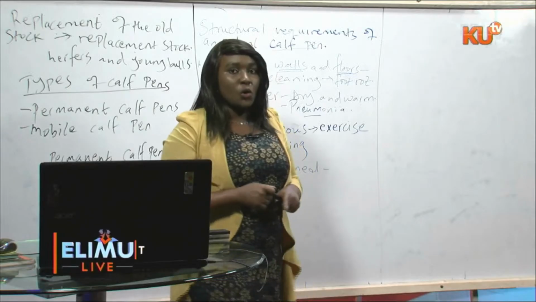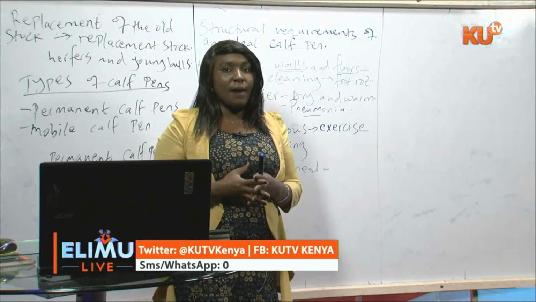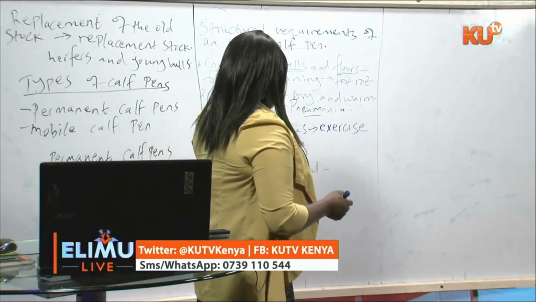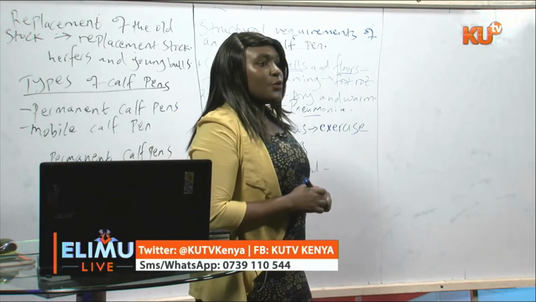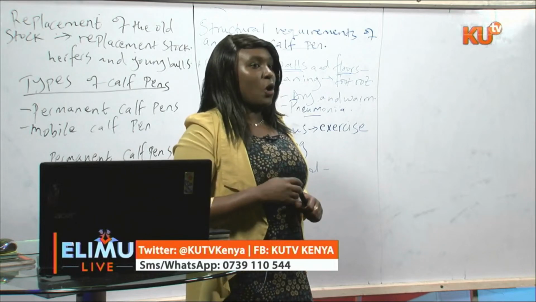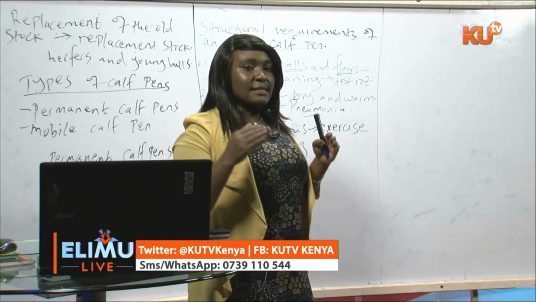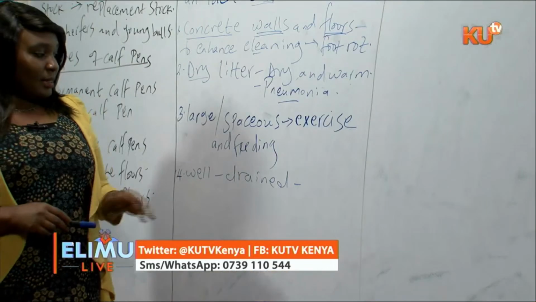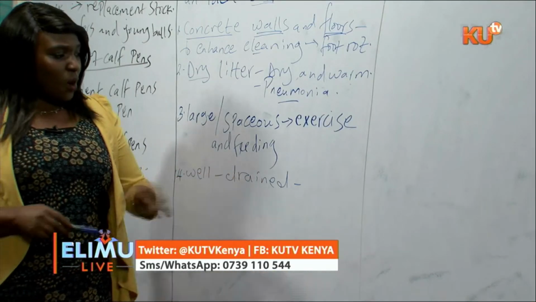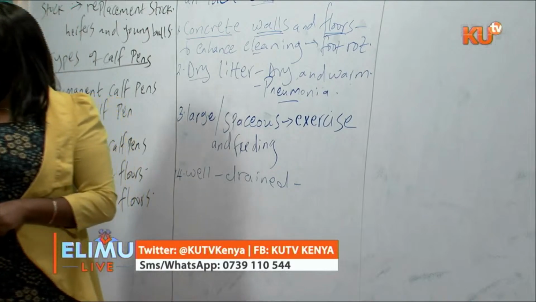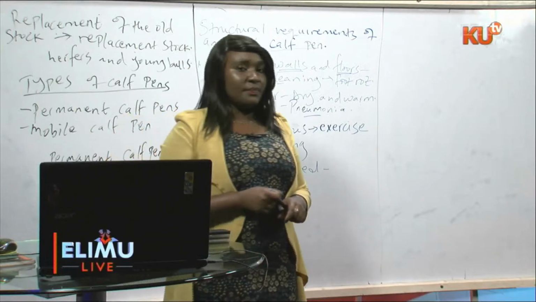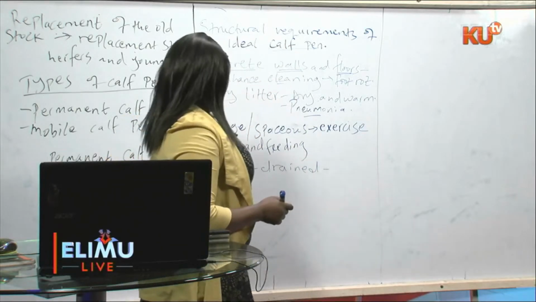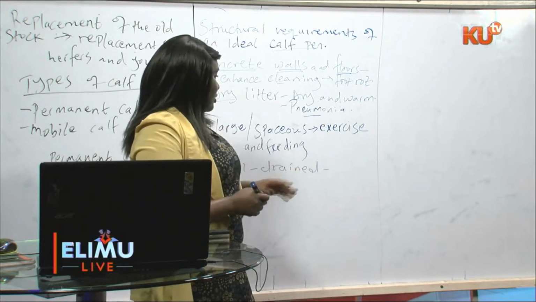Again, we don't want to allow damp conditions in the area. You are placing this calf pen on an area that is dry. It should be dry, that is well drained. The environment is not mushy, and therefore we need an area that is dry.